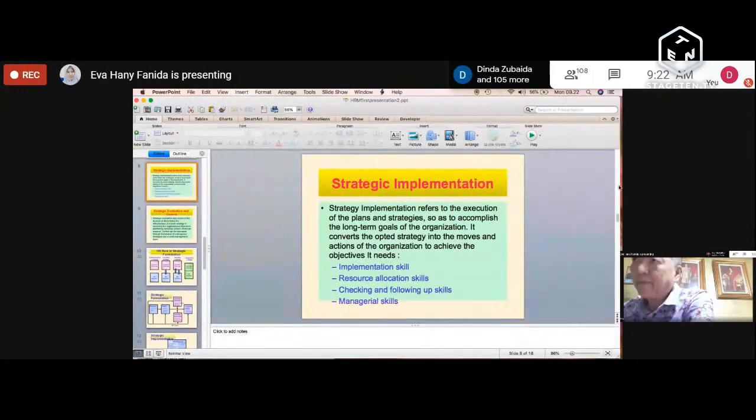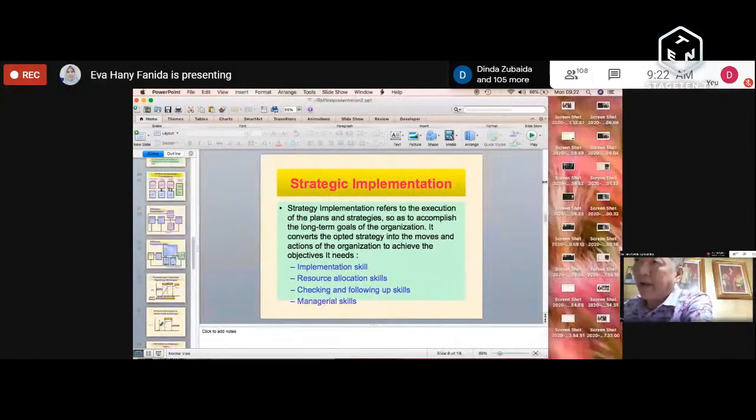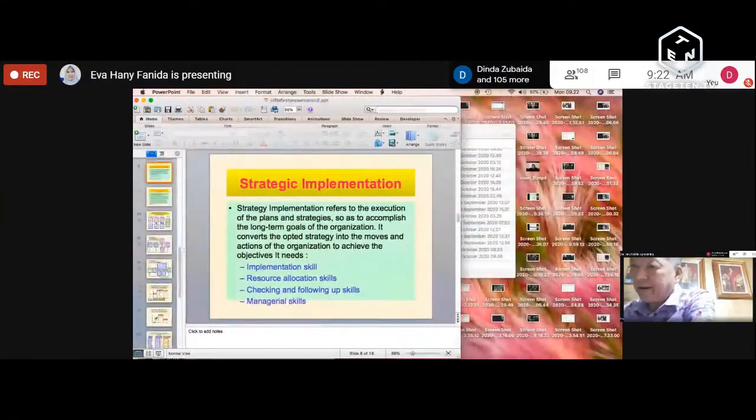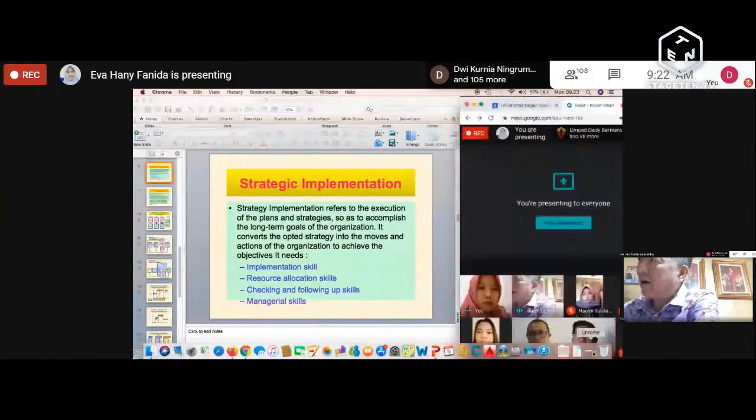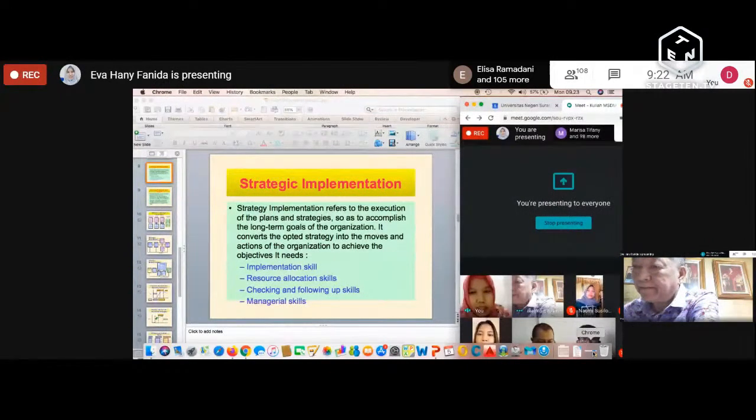If you are not a good leader and you are not competent, your organization will not go smoothly and will fail to implement the strategy. So the key is leadership.